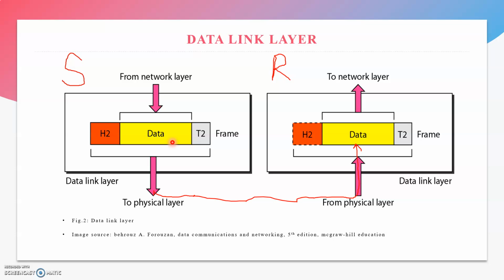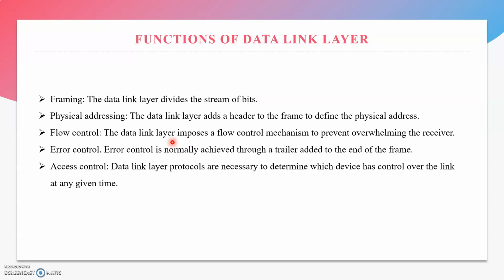This layer is again divided into two layers, the logical link layer and the MAC layer, that is the media access control sublayer. We will discuss these layers later, but as of now we are discussing the functions of the data link layer.